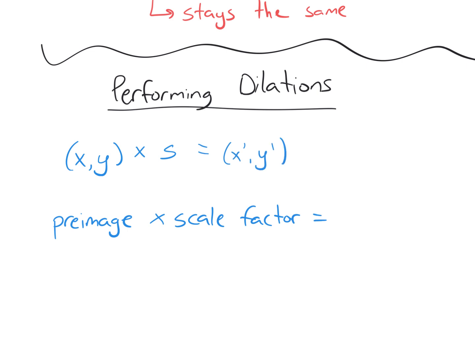What do the prime symbols indicate? That's the final one. What's the final one called? Image. Yep. So we take our pre-image coordinates. We're going to take each coordinate separately, take the pre-image coordinates times the scale factor, and then that will give us our new image coordinates. Okay? So keep this in mind.